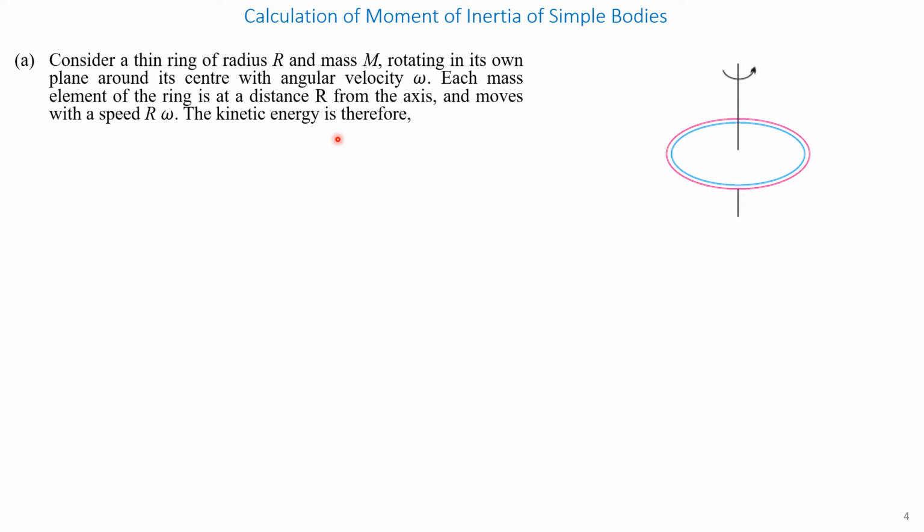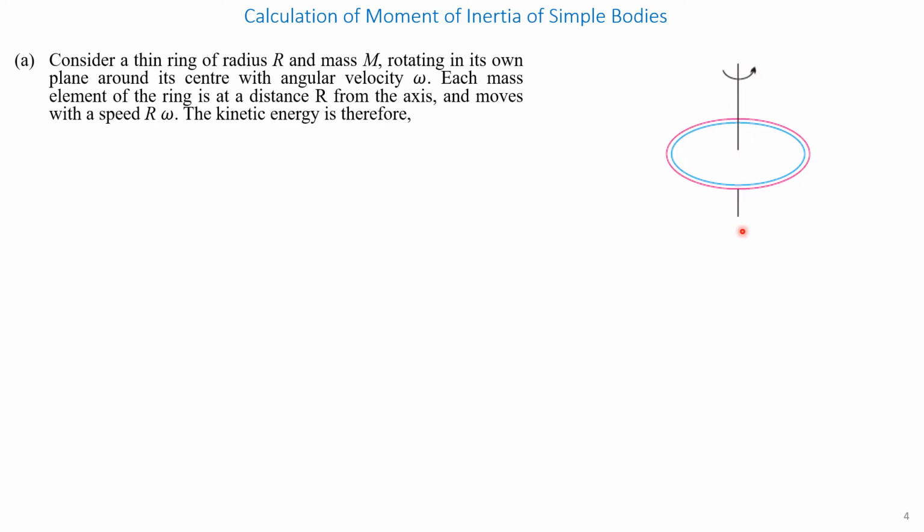Let us calculate the moment of inertia of simple bodies. In the first case, we will consider a thin ring of radius capital R. This is the ring of radius R and its mass is capital M, and this ring is rotating about its own plane with angular velocity omega. Each mass element of the ring is at a distance capital R, that is the radius of the circle, from the axis.